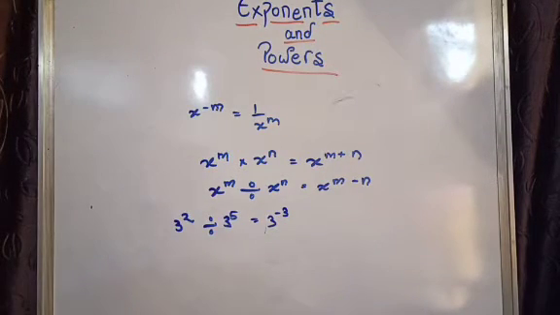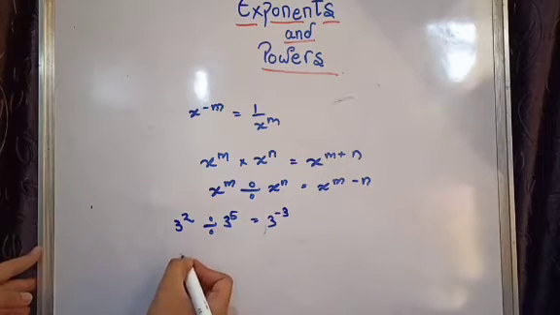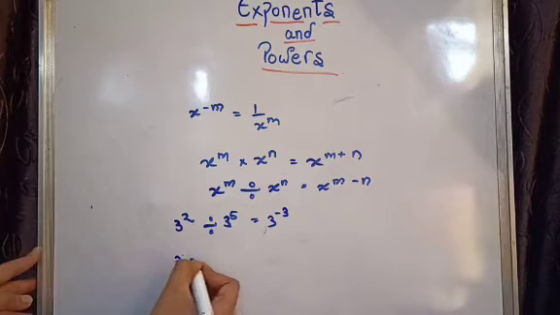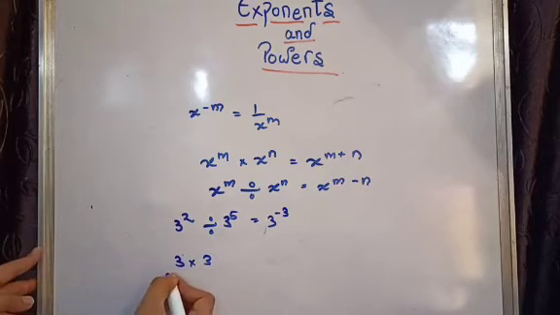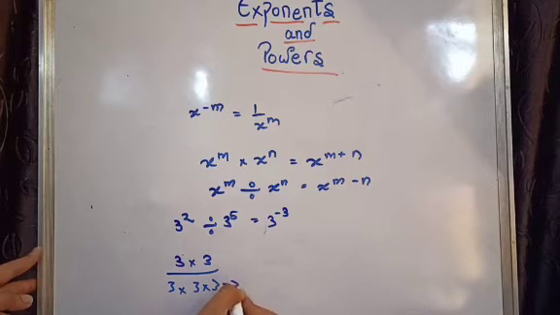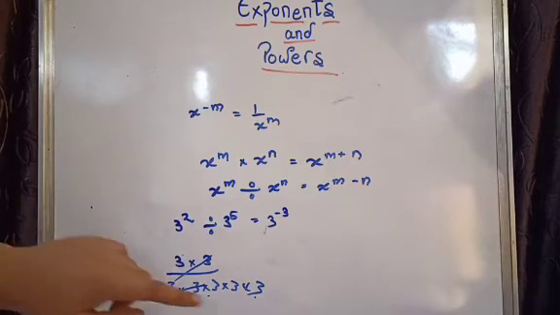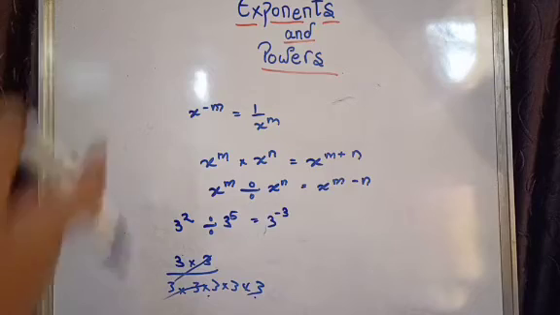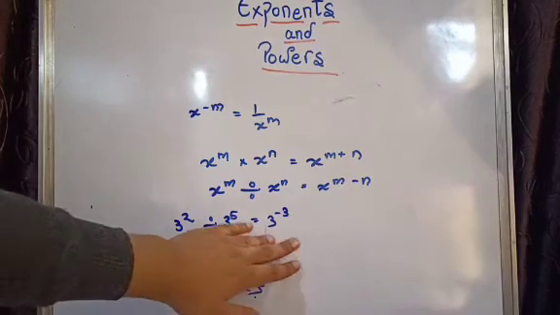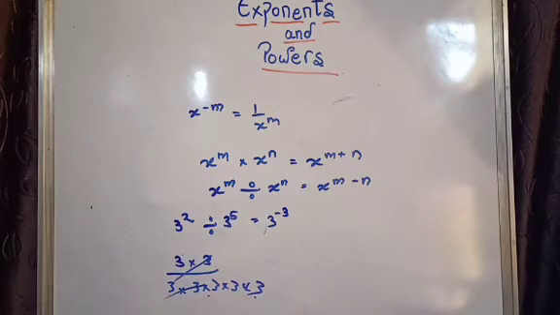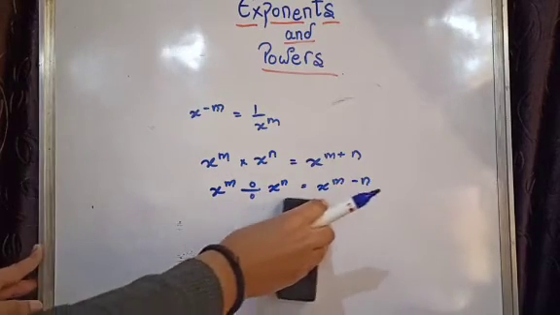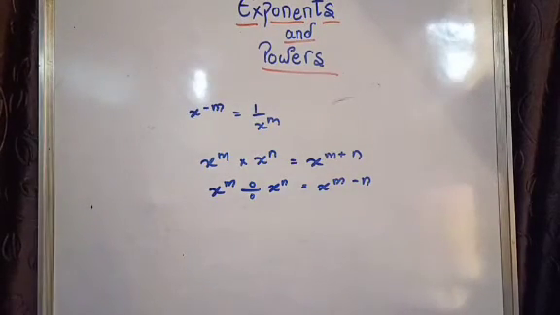Let me prove one time whether this is possible or not. 3 multiplied by 3 divided by 3 multiplied by 3 multiplied by 3 multiplied by 3 multiplied by 3: 5 times written, 2 times cut by 2 times. It will result as 1 over 3 cubed. So this formula is also fixed. So you get to know these three laws.